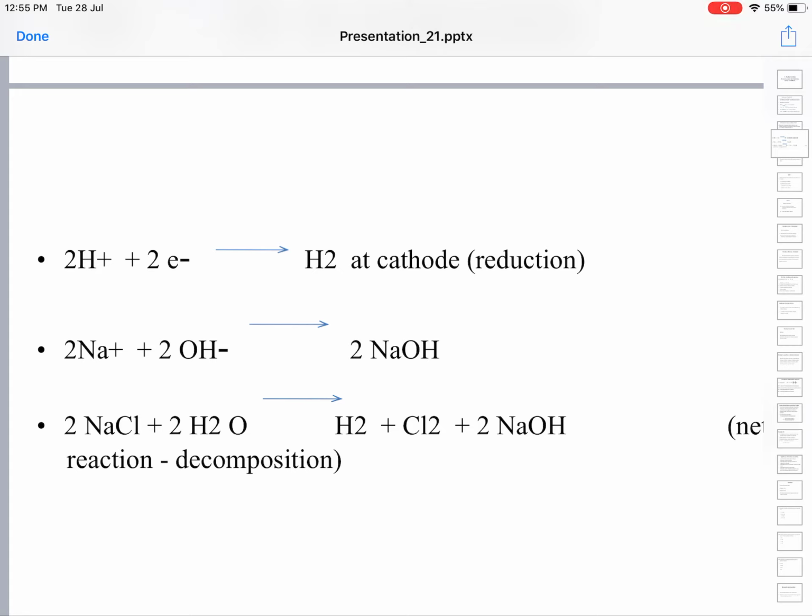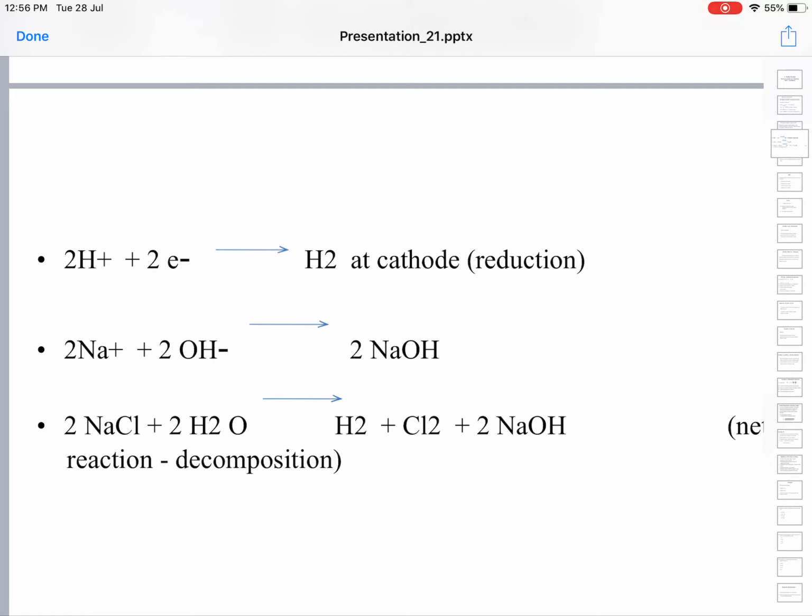The 2H plus ions pick up 2 electrons and turn into hydrogen gas. Hydrogen gas is liberated at the cathode, whereas chlorine gas is liberated at the anode.